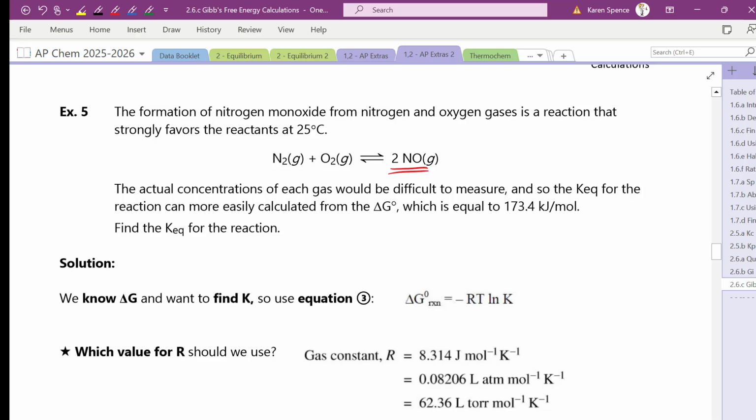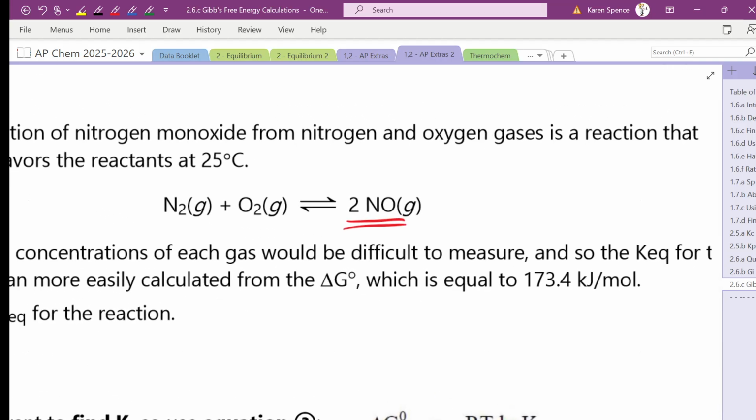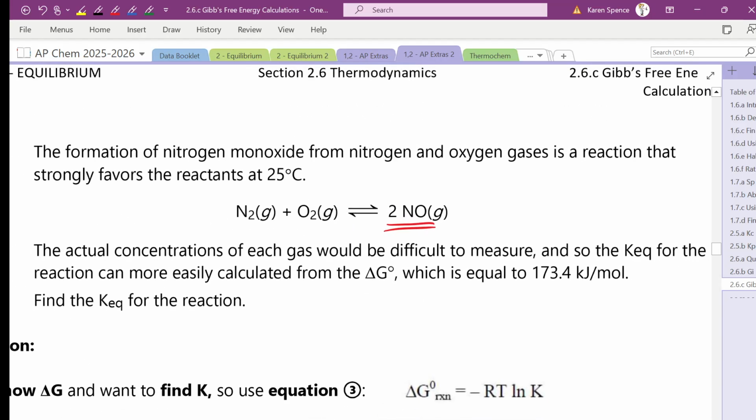Okay. So we know delta G and we want to find K in this case because we are given delta G, which is 3.4 kilojoules per mole. And it is quite difficult to find the concentrations of each gas because they're in a container together and they're all mixed, right?